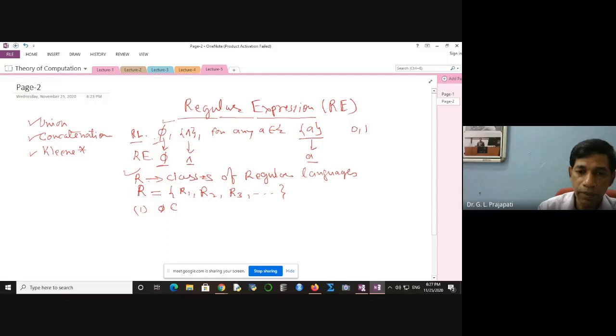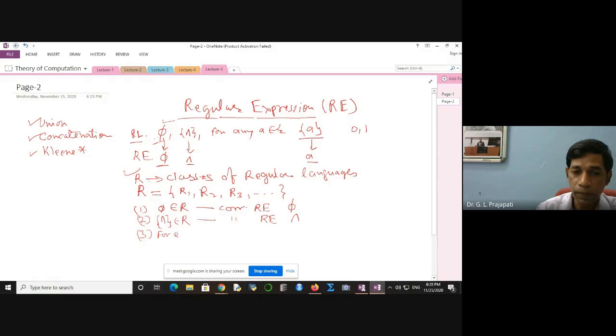So this is an element of R, means this is also a regular language, and the corresponding regular expression is described with the help of this symbol. This is also an element of R, means this is a regular language, and the corresponding regular expression for this regular language is this. So you are starting from the basic regular languages and corresponding regular expressions.